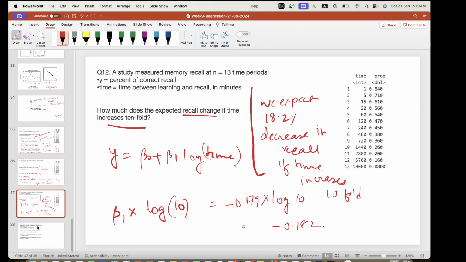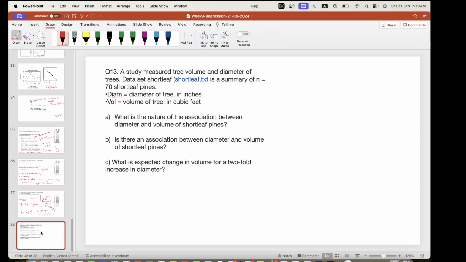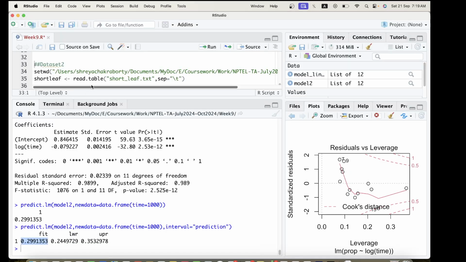All right, now let's move on to a similar problem. Okay, so here we have 70 data points where we are comparing diameter of a tree with volume. So in this example, we compare diameter of a tree with volume.